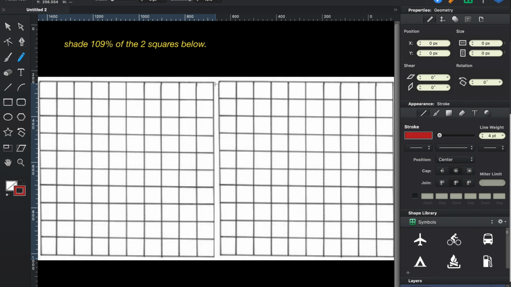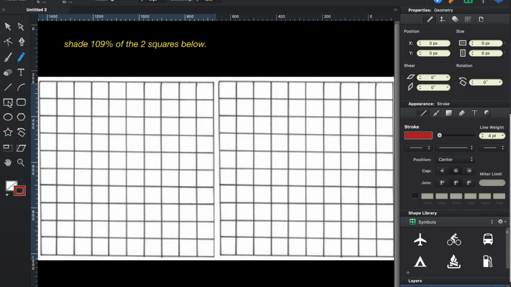So shade 109%. Remember, percent means per 100, but we have 109 per 100. So we have to shade 100, but they gave us 2 squares, so we can shade a 9 on the other square.